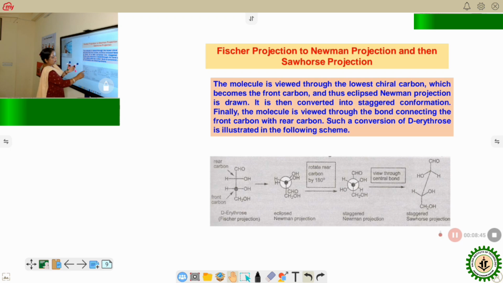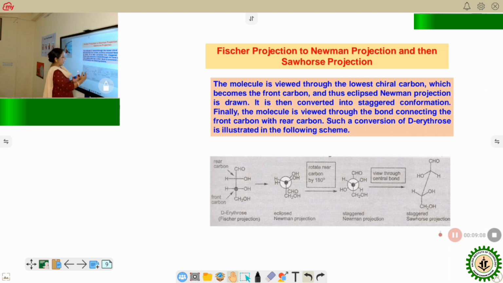Here OH, OH are up, and H, H are also up, with the OH on the right hand side and H on the left hand side. So in the Newman projection formula we can observe the CH2OH and CHO, these two groups below, these two OH groups up on the right hand side, and these two hydrogens up on the left hand side.